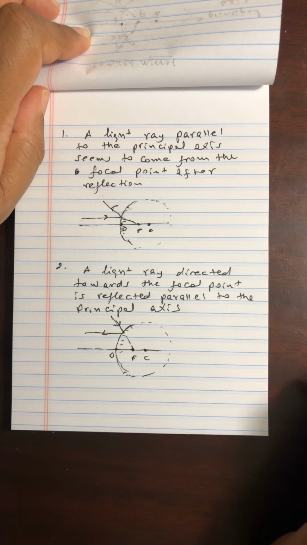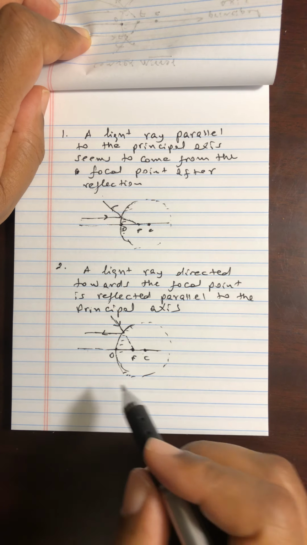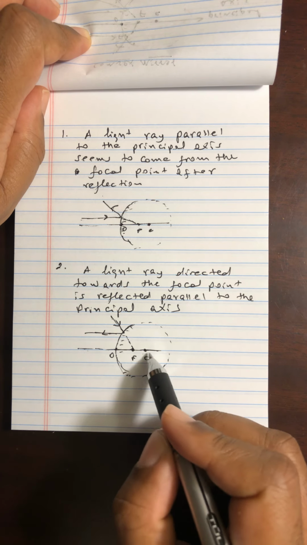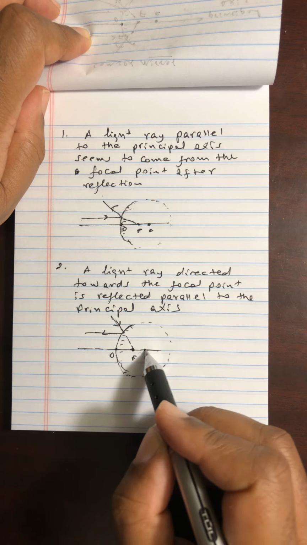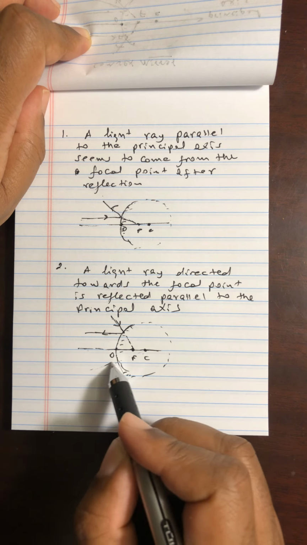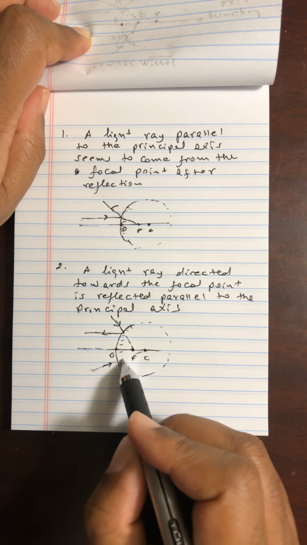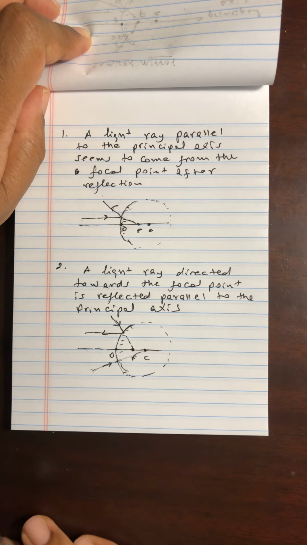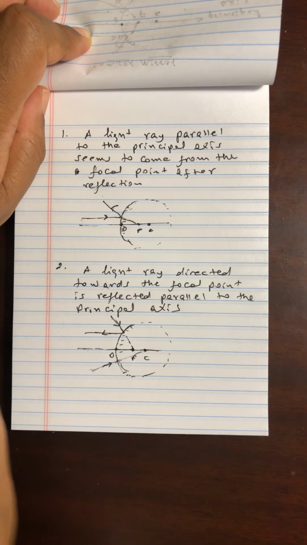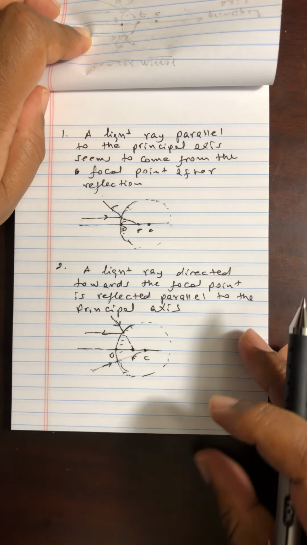Okay, the third light ray has to do with a light ray directed towards the center of curvature. You see, if you've got a light ray directed towards the center of curvature like this, you see this is the radius, which is a normal line. So it's going to return its own path because the angle of incidence is 0 and angle of reflection is going to be 0.